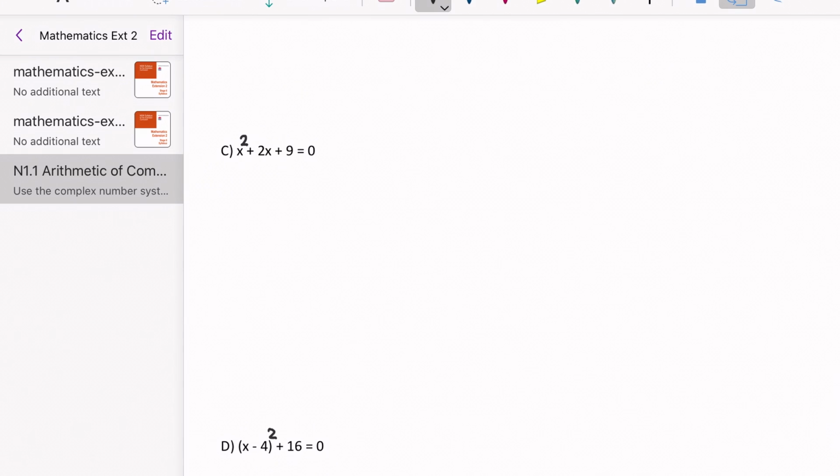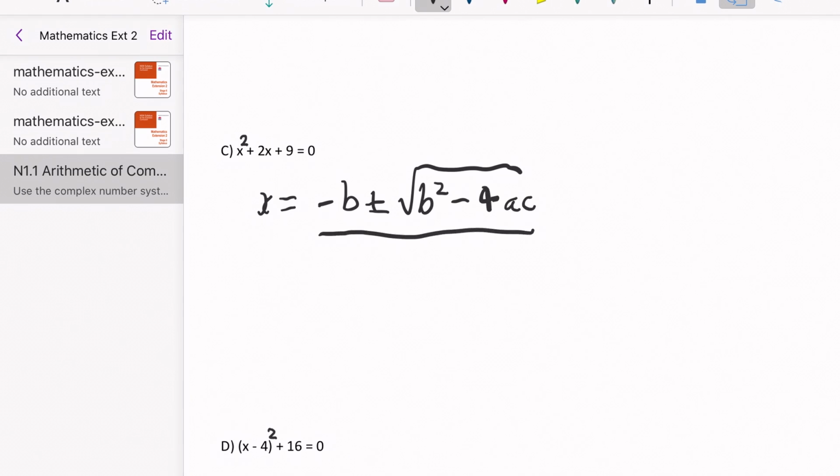The next case, x squared plus 2x plus 9 equals 0. This one isn't so easy to factorize, so let's go to the quadratic formula. Recall the quadratic formula. x equals -b plus or minus the square root of b squared minus 4ac all over 2a.